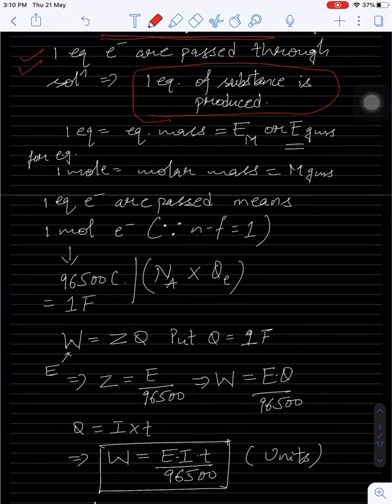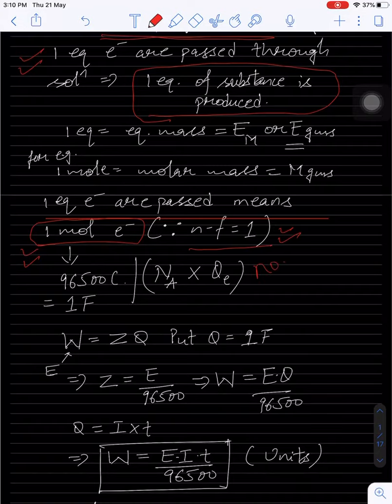So if one equivalent of electrons are passed, what do we say? 1 mole of electrons are passed. One equivalent of electrons is called 1 mole of electrons, because n factor is equal to 1. Now you will ask, what is this n factor?